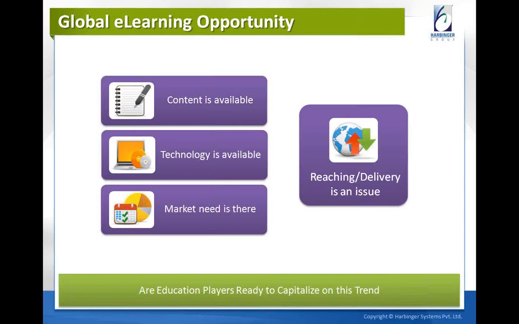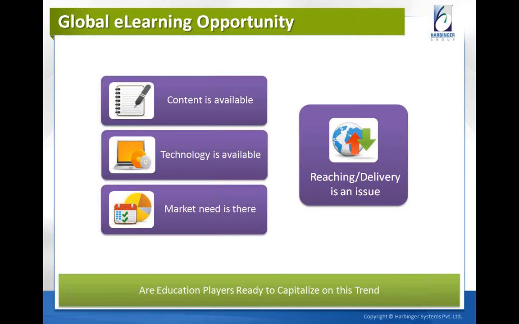On the technology side, if we look at the e-learning ecosystem, we'll see 3 broad components that are required. One is authoring tools, second, delivery system, and third, collaboration and personalization tools. In each of these components, we have several market offerings available. If you take a general view of the market, you will find that all the offerings are available.